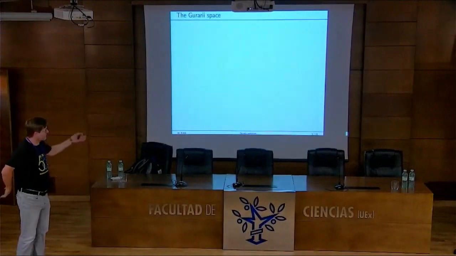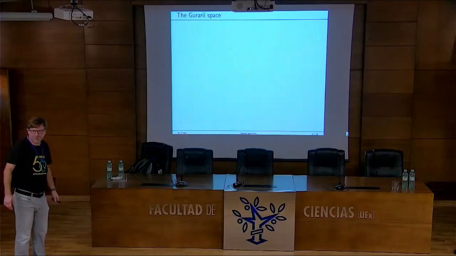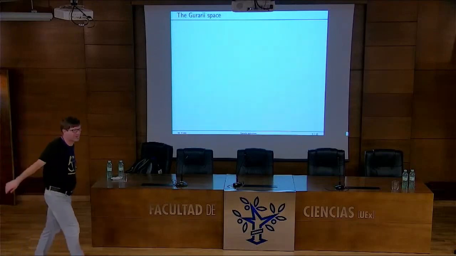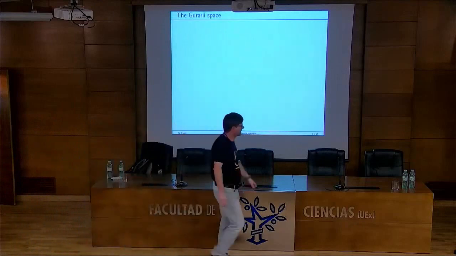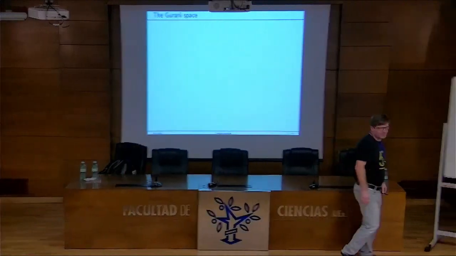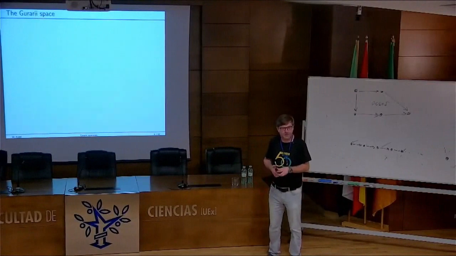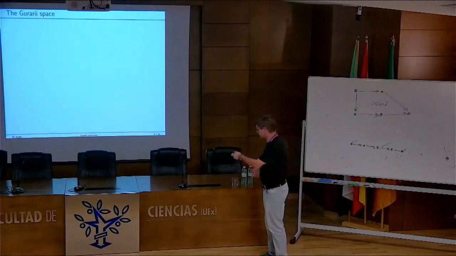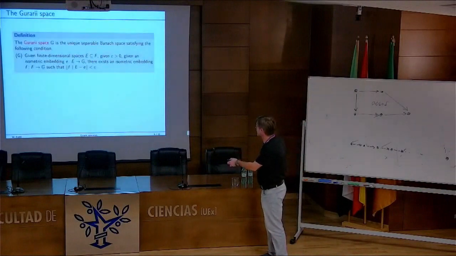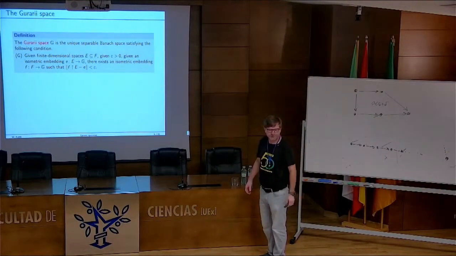And now comes the space which was already mentioned by Jordi, I suppose, the Gurari space, yeah? For sure it was mentioned. This is really the Fraïssé limit of all finite dimensional spaces. But I would put a little bit lesser known definition.